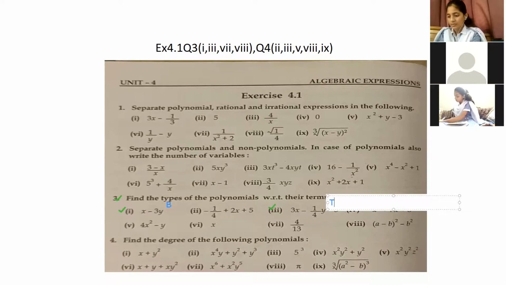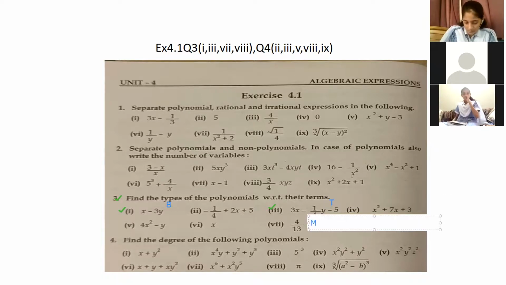Now I want Halima Tahir. Halima, unmute yourself, beta. Yes, Halima. Now the number 7th is monomial, having only 1 term. Very good. Now the last one, 8th bit, is Ramla.